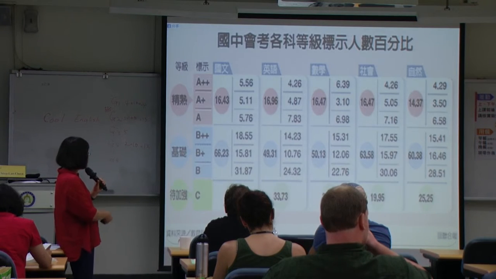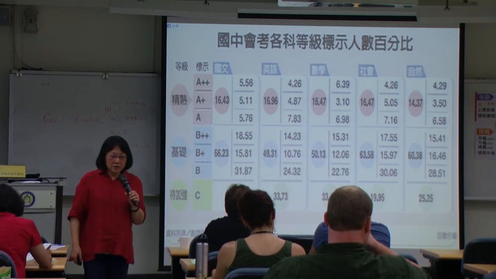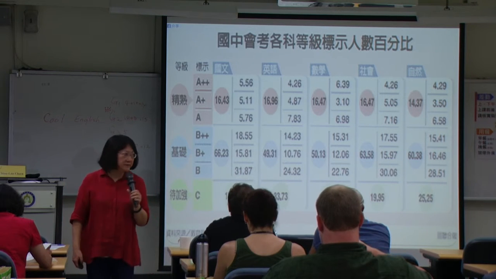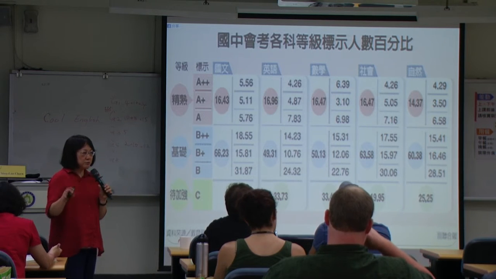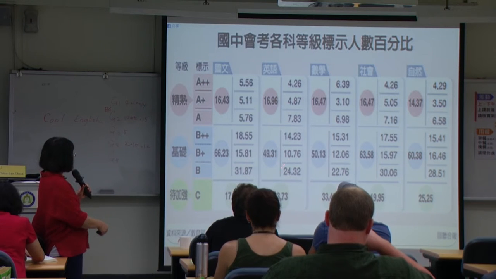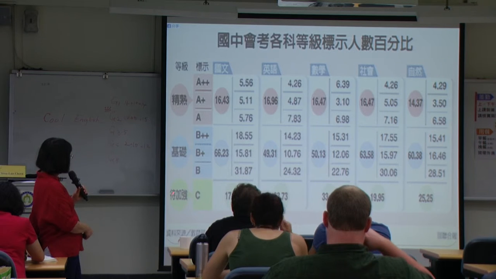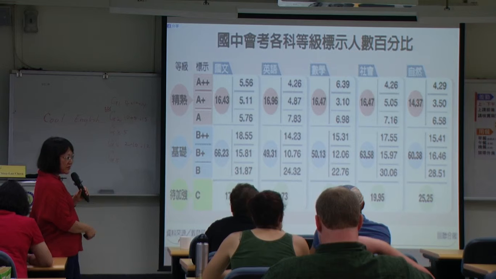And a lot of this tells you, what do we call that? Competency test for junior high school graduates. Before they enter senior high school, they have to take this test. This table shows the percentage of people who fail the test. They need remedial instruction. 33%, about 1/3 of the students taking the English test, fail.